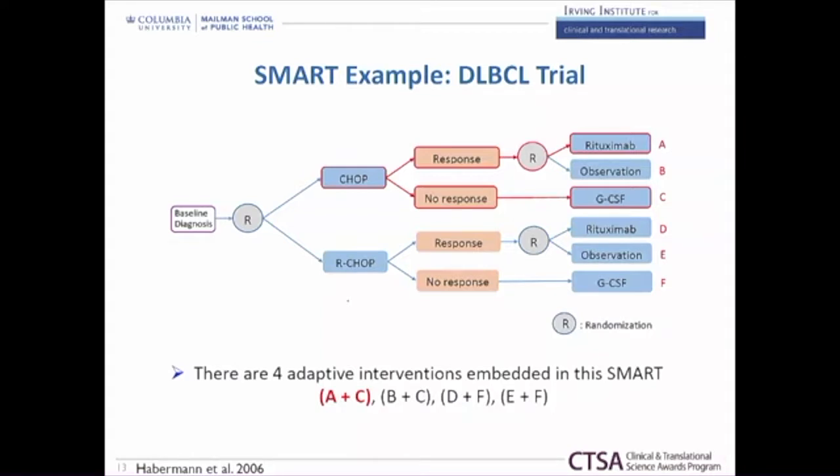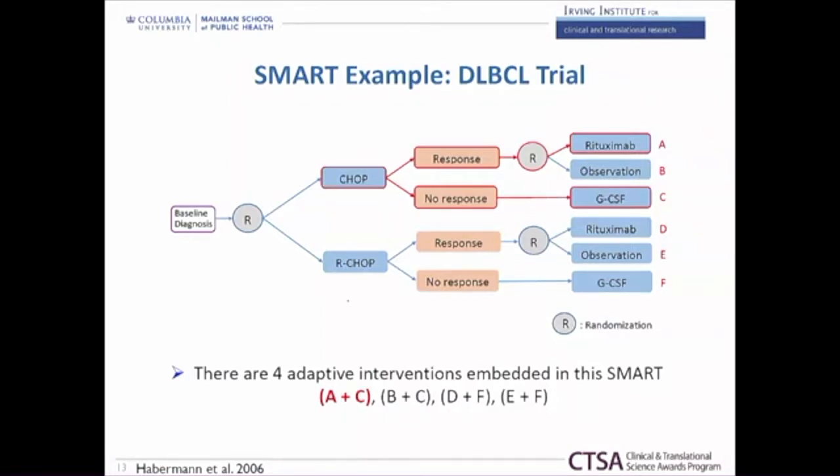For non-responders in this study, at stage 2, they were all given GCSF for supportive care, while those responders will be randomized again to receive rituximab or observation for maintenance at stage 2.